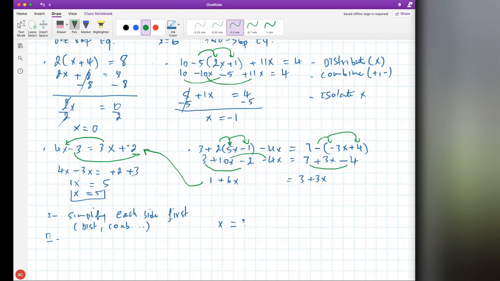What is the next step now based on this problem? We need to move. That's right, we're going to move x's to one side and the numbers to the other.